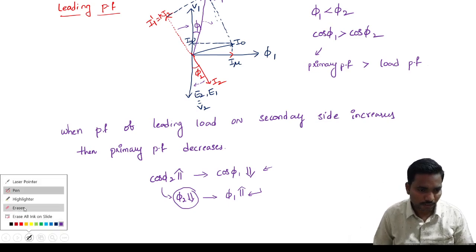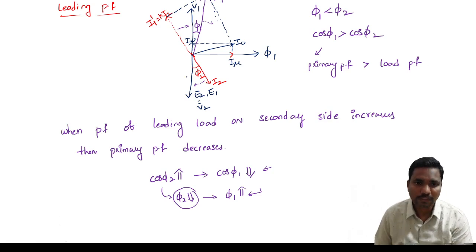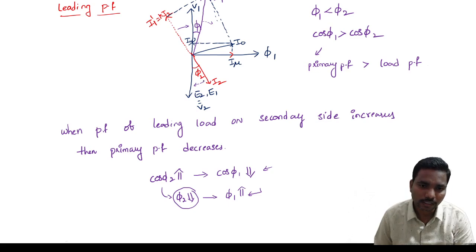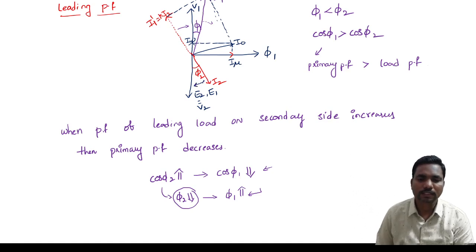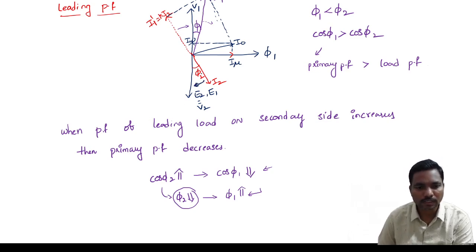All of you getting my point? Simple, guys. Here what I'm saying is, if you move this vector towards the V2 side, you are decreasing φ2. Then this one becomes like this, and this is your new one.